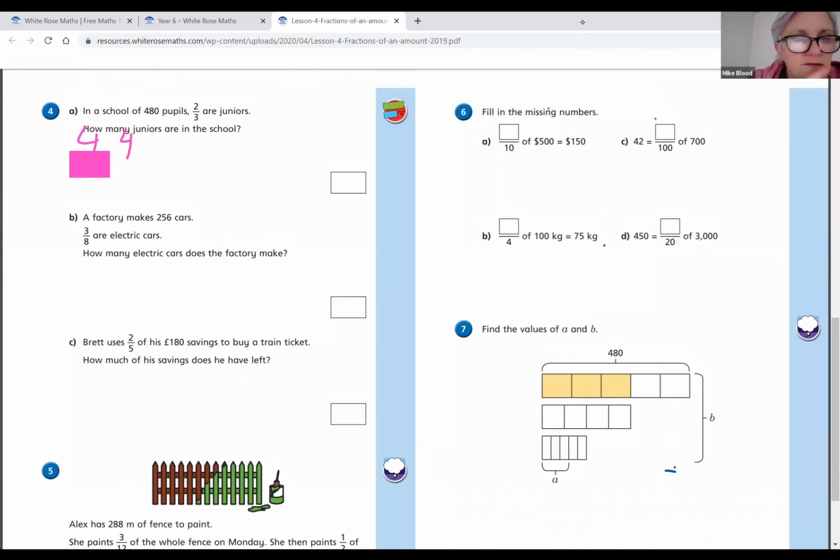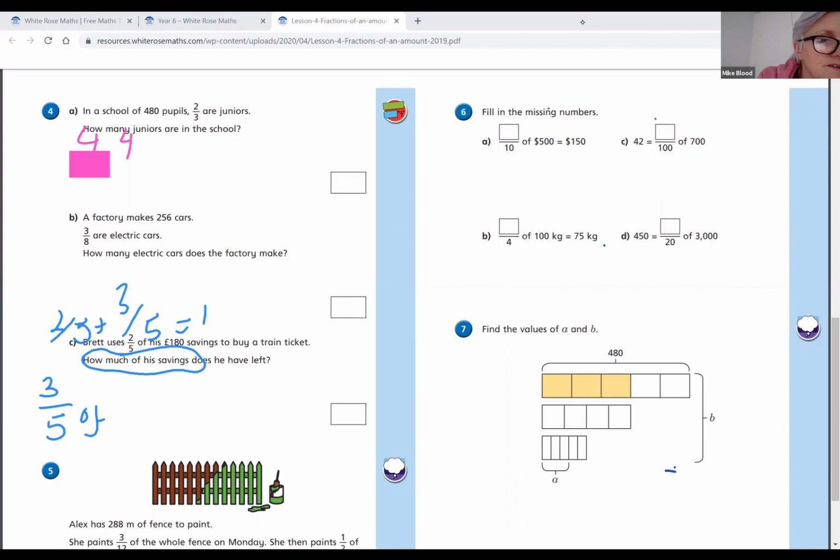Brett uses 2/5 of his £180 savings to buy a train ticket. How much of his savings does he have left? Well, we know that 2/5 add 3/5 equals 1 whole. So what we want to know is how much of his savings does he have left? So we want 3/5 of 180.